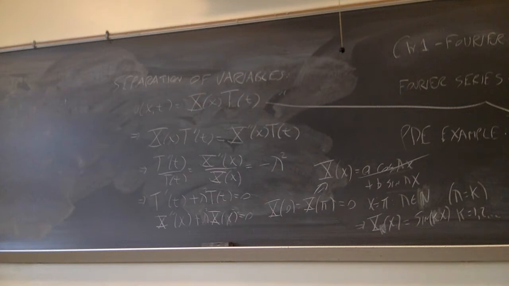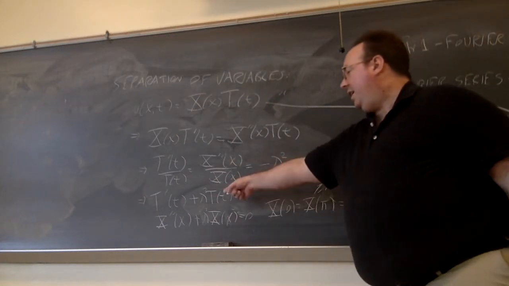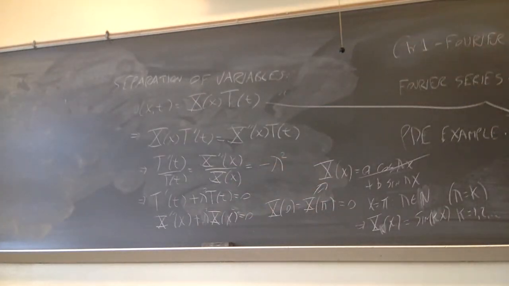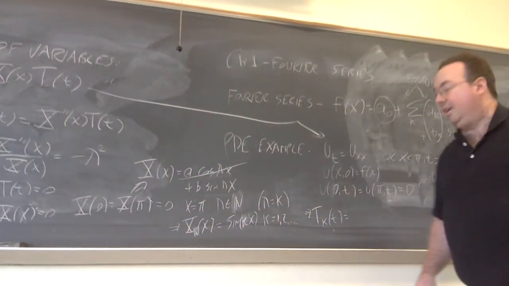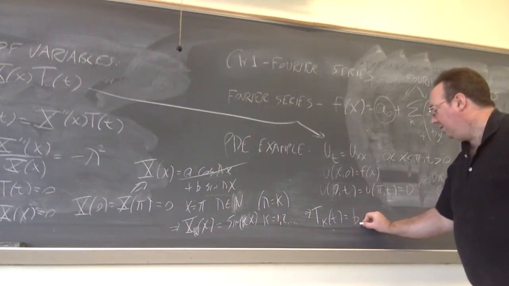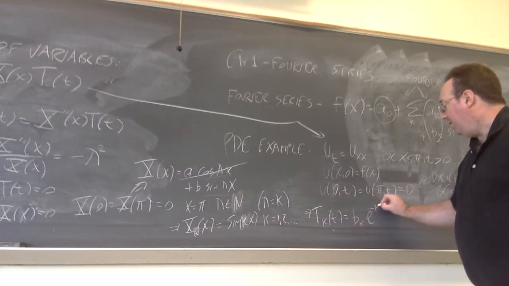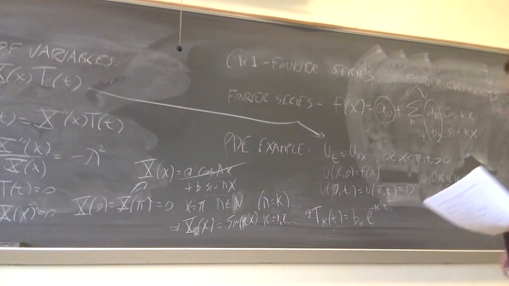So now I can go back to my time ODE, and that tells me that T_k of t is equal to some constant times e to the minus k squared t.